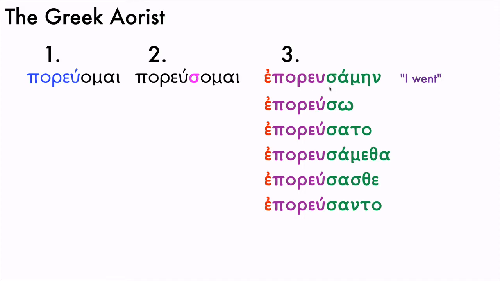And in the aorist, right now, with the third principal part, we're only learning aorist actives and aorist middles. And the aorist middles will be used for verbs like poruomai that are deponent. And you will see that the aorist middle still, for the most part, has its characteristic sigma alpha.